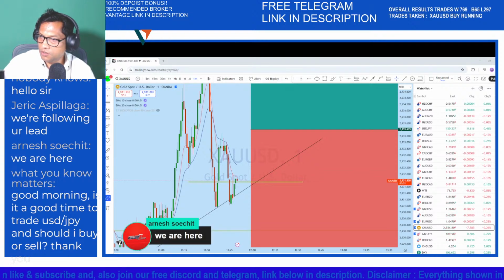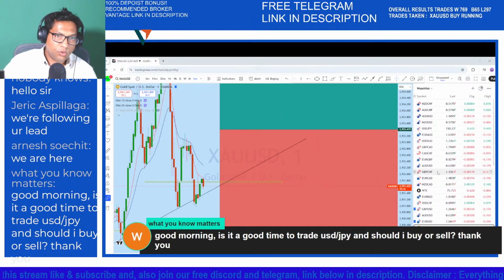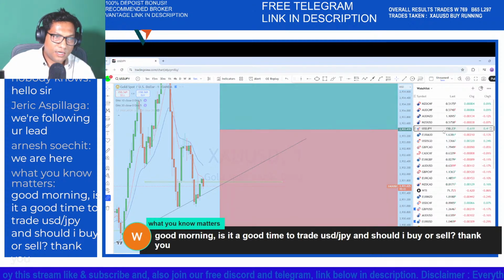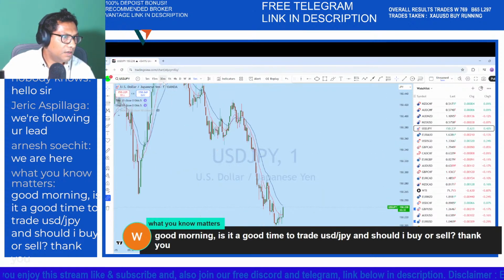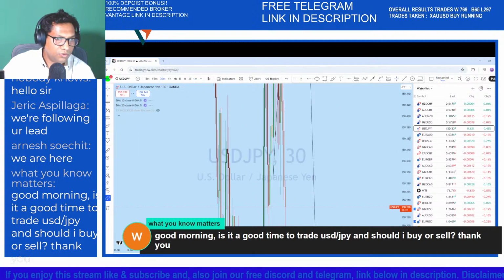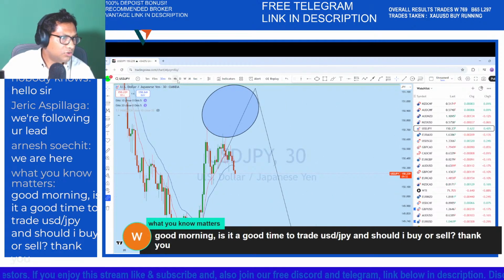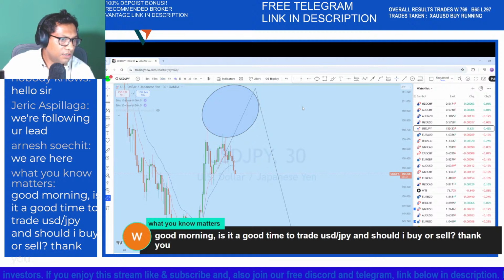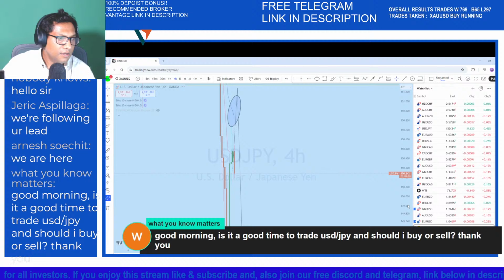Good morning. Is it a good time to trade dollar yen? Should I buy or sell? Dollar yen, we haven't looked at it yet. We have seen a good trend on dollar yen, but we didn't look at it. It's in a downtrend long term, but at the moment, we need to do the proper analysis before we look at anything.